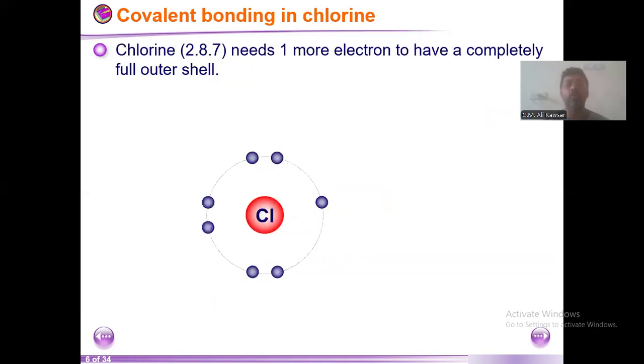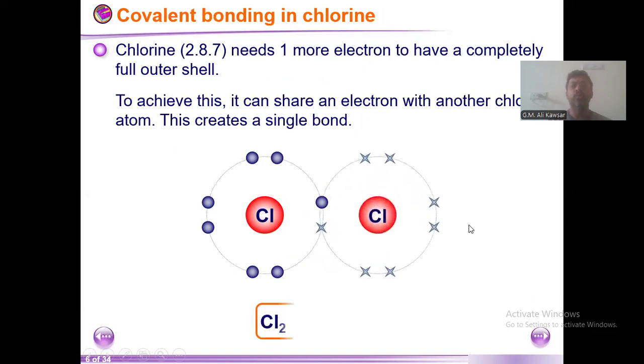Suppose a chlorine atom. One chlorine atom has 7 electrons in the outermost shell. That means it needs one more electron to get the configuration of argon to be stable. And what will chlorine do? If another chlorine atom comes here, each chlorine atom can share one electron, forming a dot and cross diagram. You can see it in the figure.